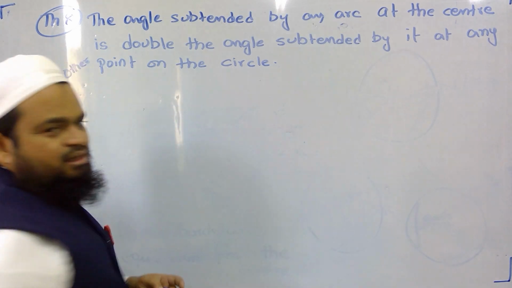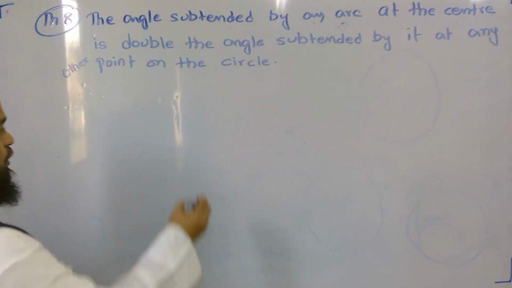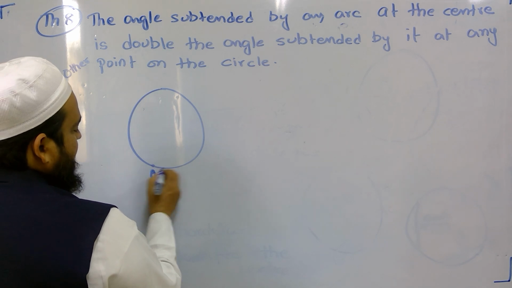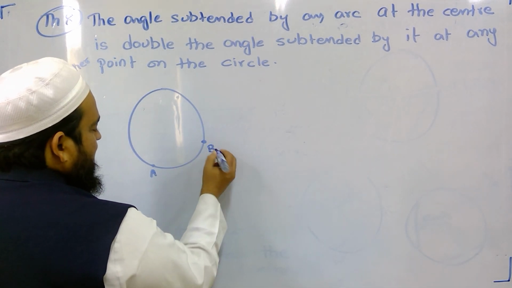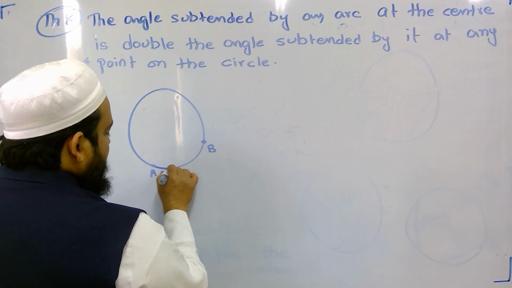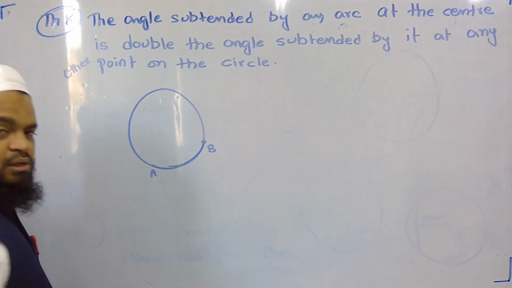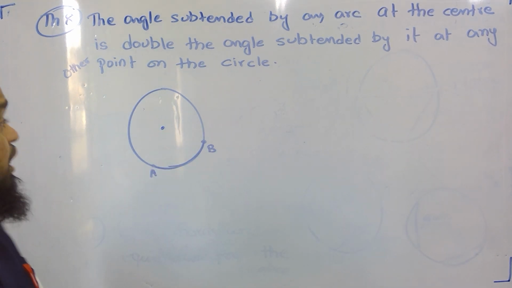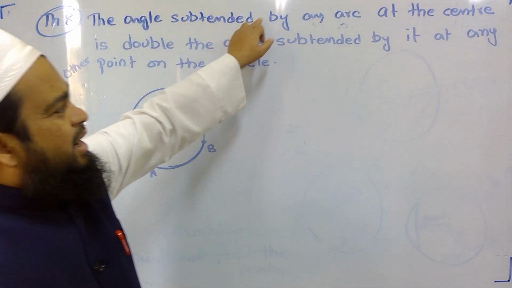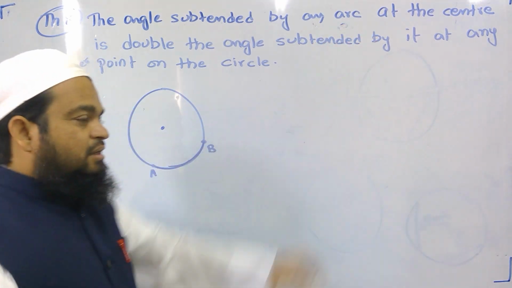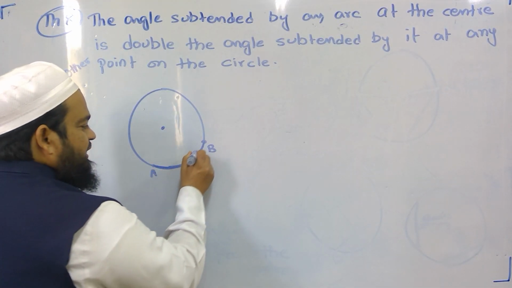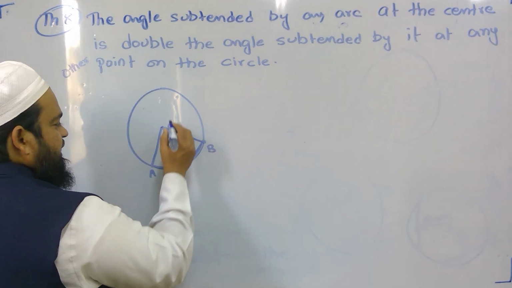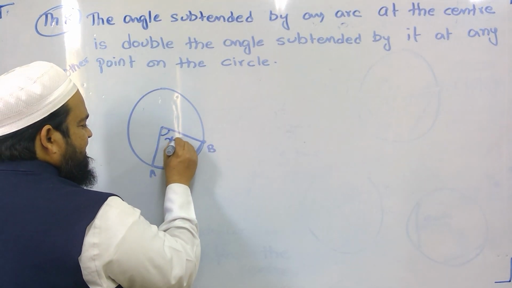So what does this mean? Let me explain. Suppose you draw a circle. Let us say this is A and this is B, and I am talking about this minor arc. Let us say this is the center, and the angle subtended by the arc at the center is x degrees.